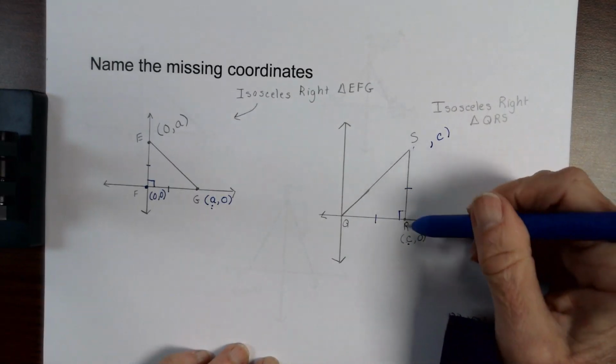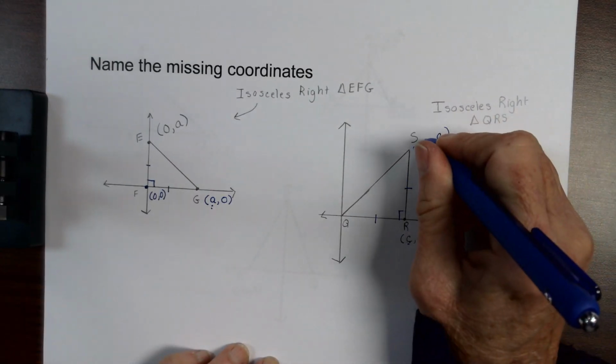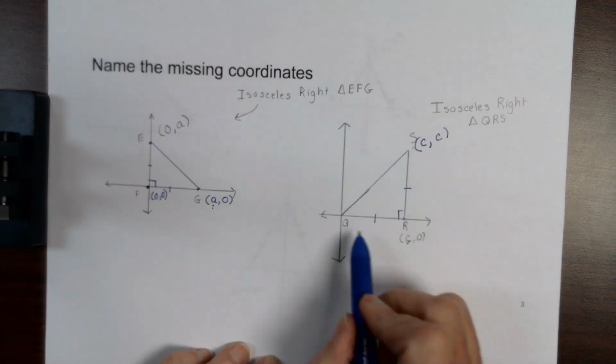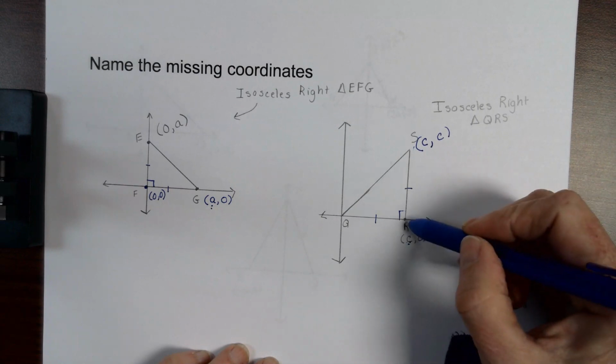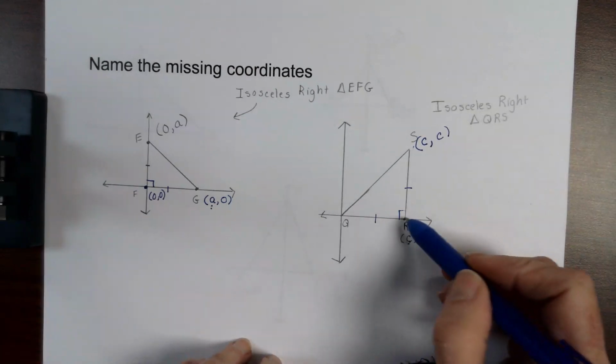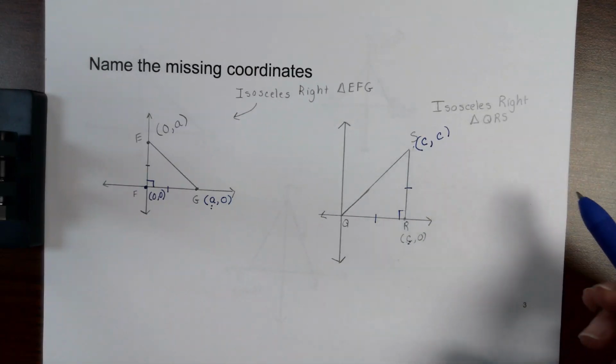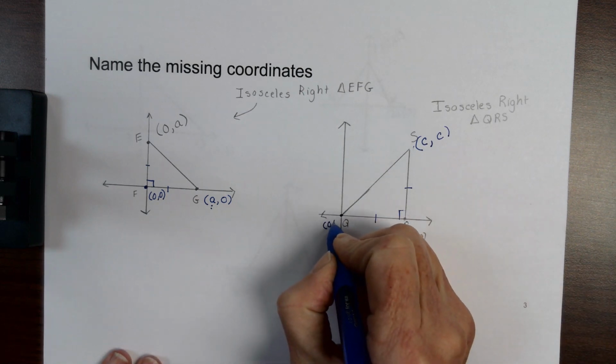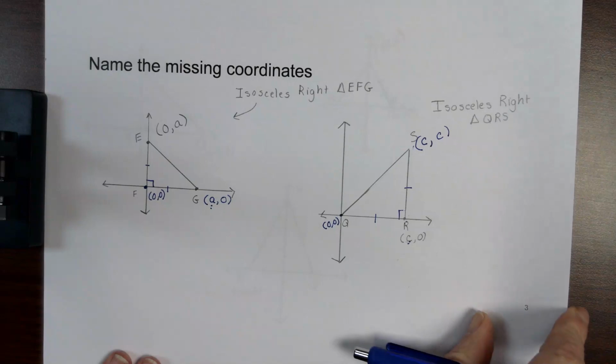I do. I've gone over C units, so that is the point C, C. I've gone over C and I've gone up C. So my X is C, my Y is also C. This point right here is going to be 0, 0.